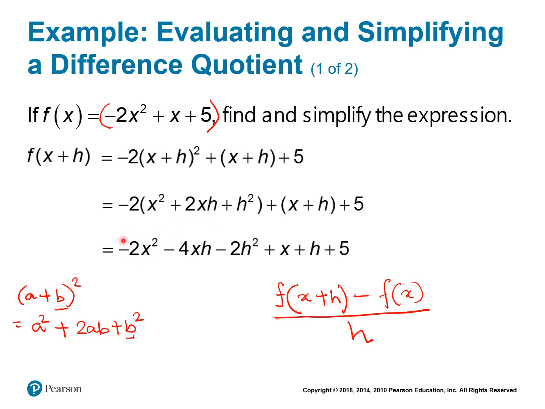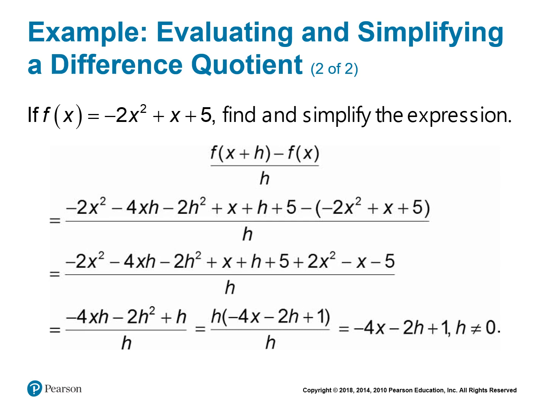So we have to take this entire expression of 1, 2, 3, 4, 5, 6 terms and substitute it for f of x plus h, because that's what f of x plus h is equal to. Let's go to the next slide and see how we proceed.